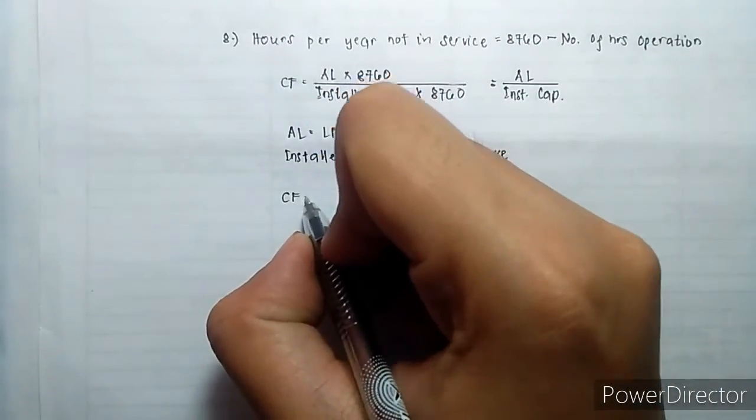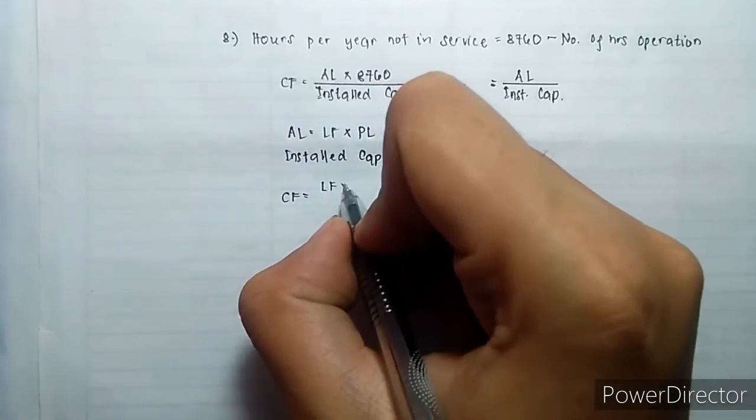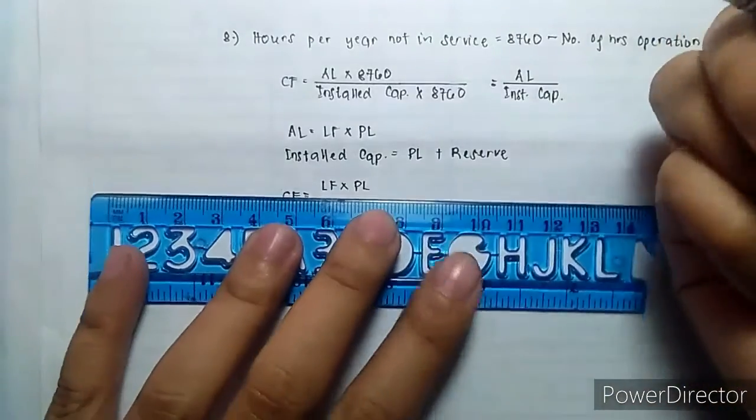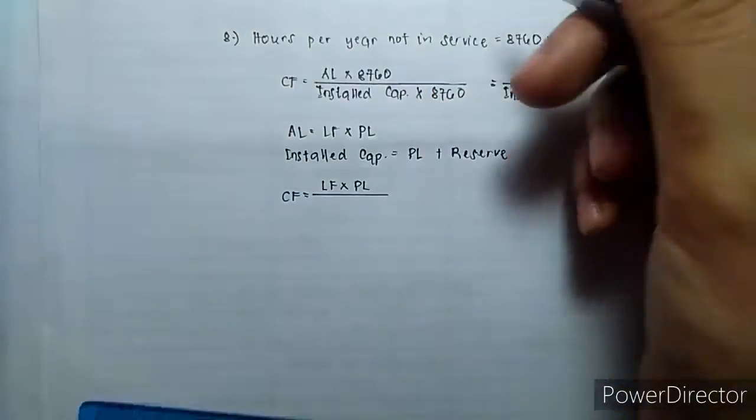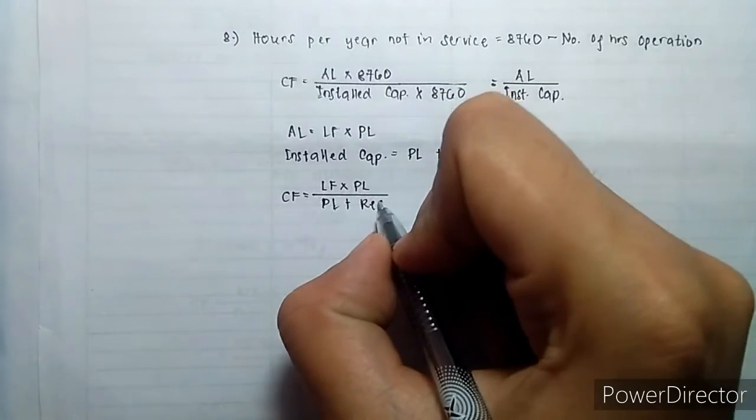The capacity factor is equal to the load factor times peak load over the peak load plus reserve.